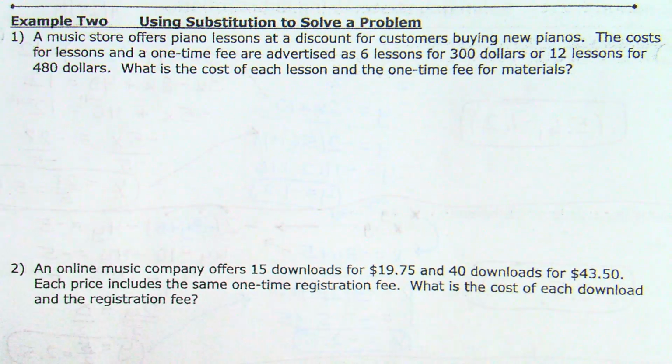Okay? So, if we're writing equations, we need variables, yes? So one thing I'd like to ask myself is, what do I need variables for? What are the unknowns that I need a variable for? So I would go to my question. What's my question say?